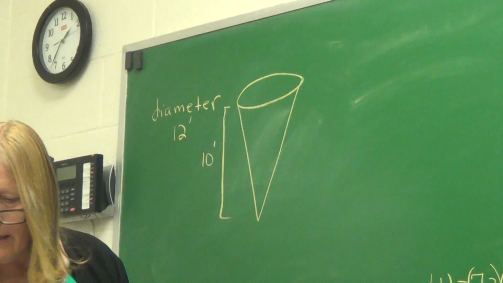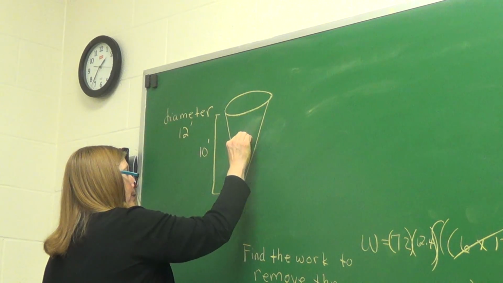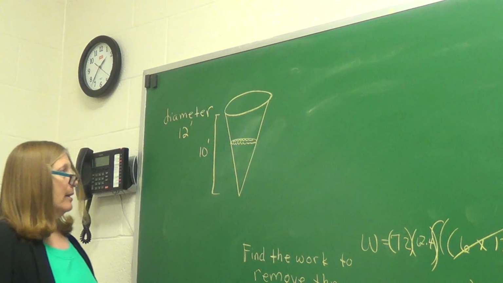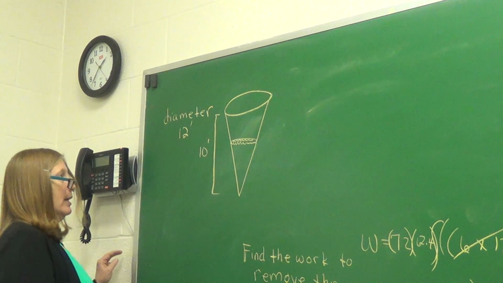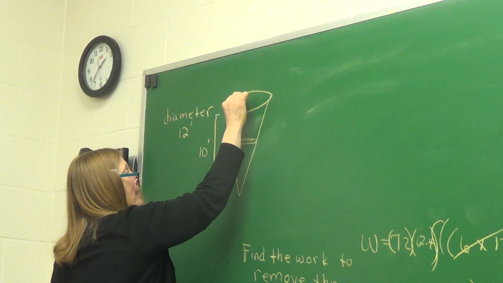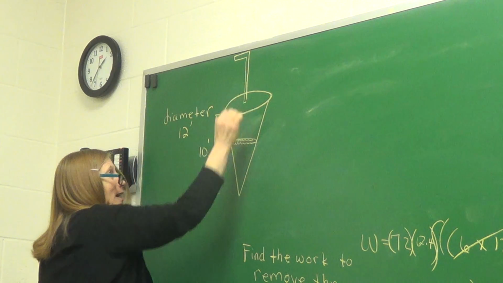We'll say this time that the water is only filling half of the cone. And I want to take that water and pump it up to the top of the cone and then out this pipe that goes up even higher.